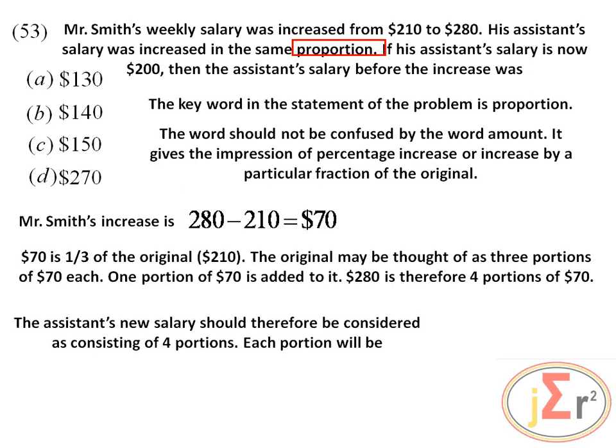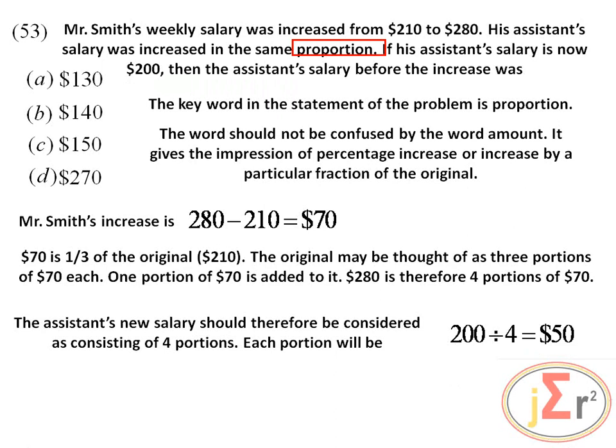Therefore, we know that the assistant's new salary, which is $200, is 4 portions. So one portion will turn out to be 200 divided by 4, and that will give $50.